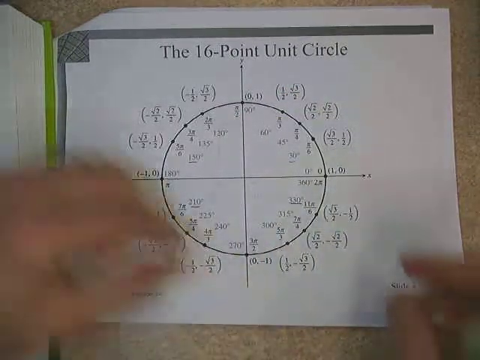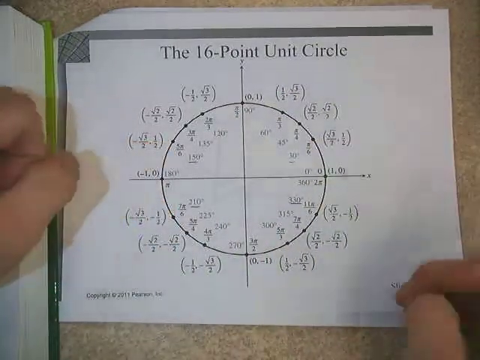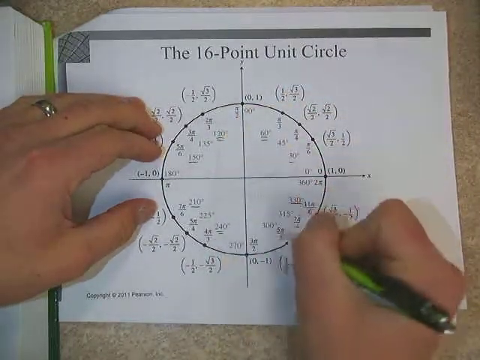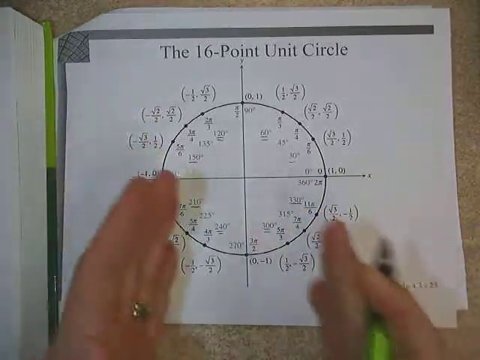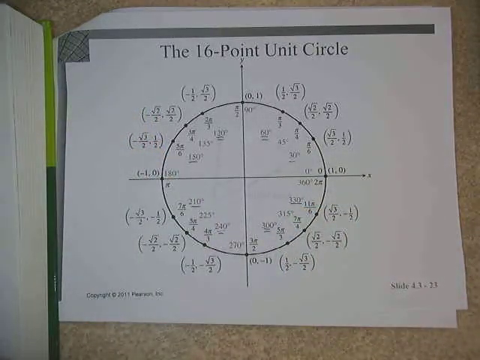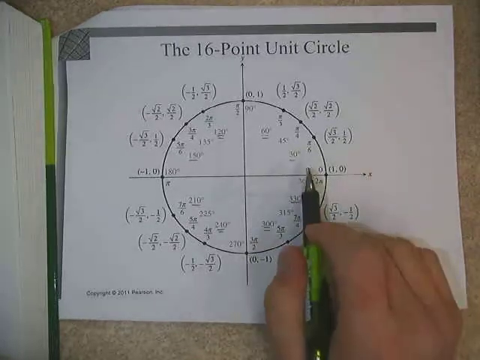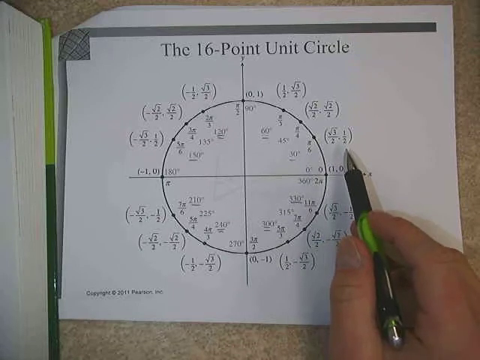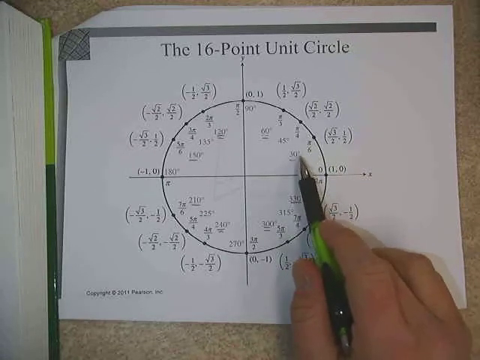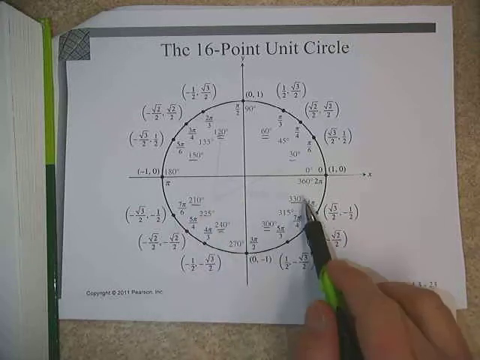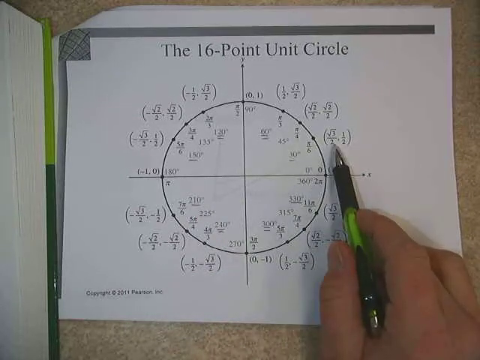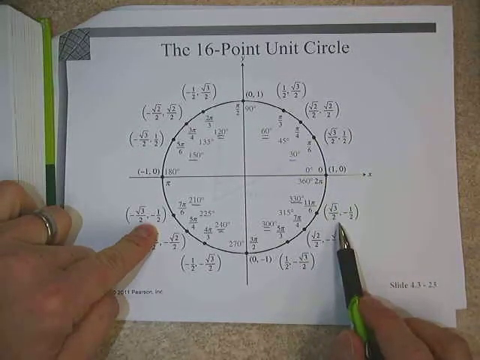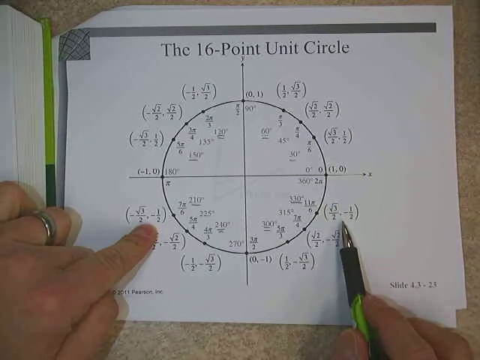Keep in mind, with the position of the angles on the unit circle, the ones I'm going to underline, 30, 330, 210, and 150, are all closer to the x-axis than they are to the y-axis, whereas the 60s, I'll double underline these ones, are all closer to the y-axis than the x-axis. True? So keeping that in mind, here's the deal with the sine and cosine, and of course the tangent and everything else follows from sine and cosine.